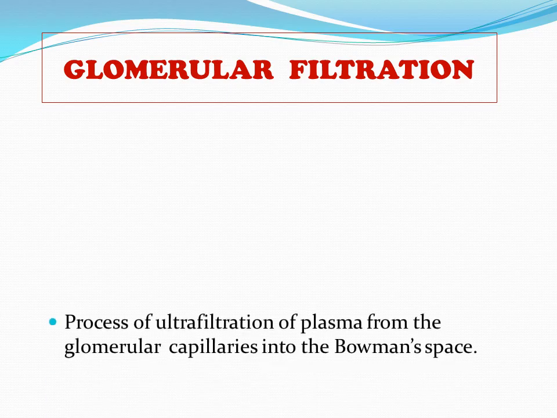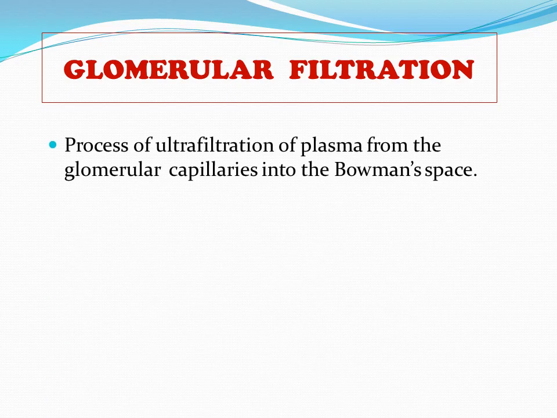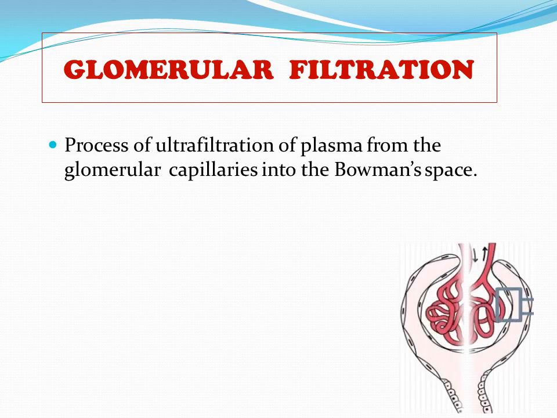So now coming to today's topic, glomerular filtration. That means the filtration of plasma through the glomerular membrane. So GF means the process of ultrafiltration of plasma from the glomerular capillary into the Bowman's space. Look at this: this is the glomerular network present within the Bowman's capsule, here is the Bowman's space, and here will be the renal tubules.